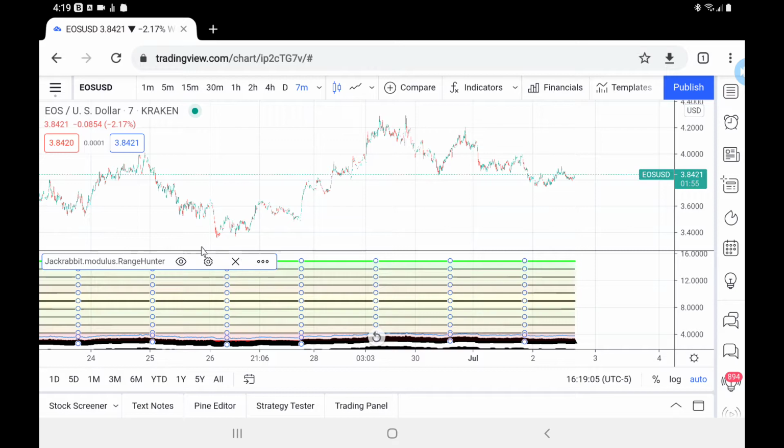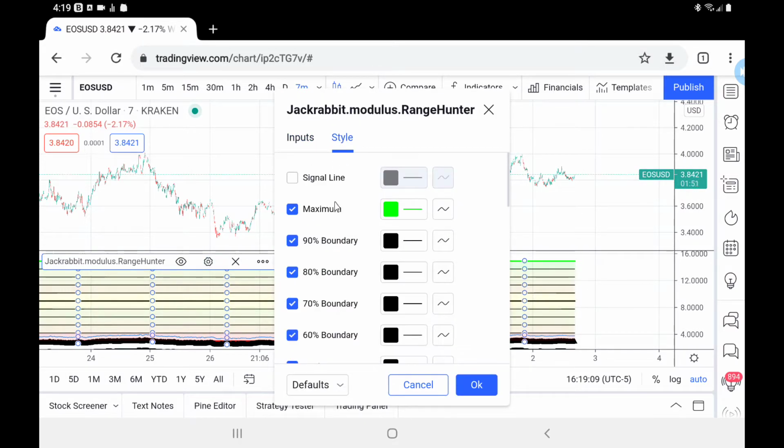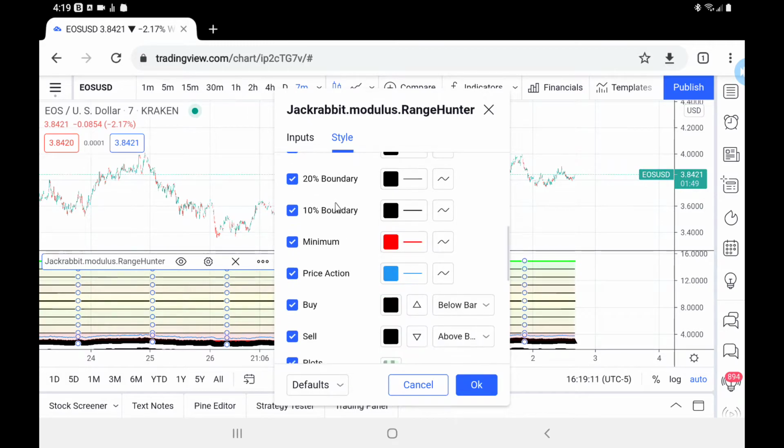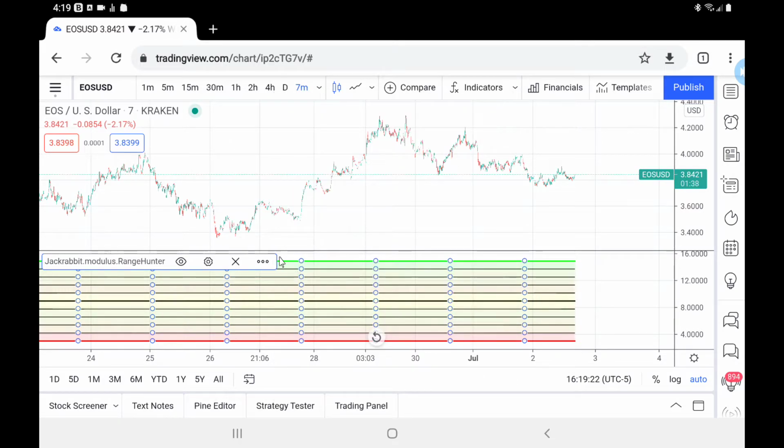Now I already know this is going to produce a large amount of noise. So I'm simply going to turn these off. I'm also going to turn this off because I want to merge it with the chart.